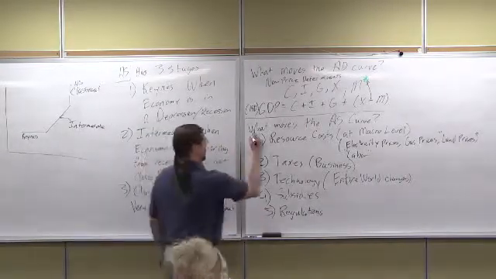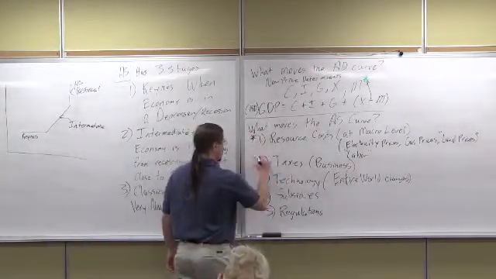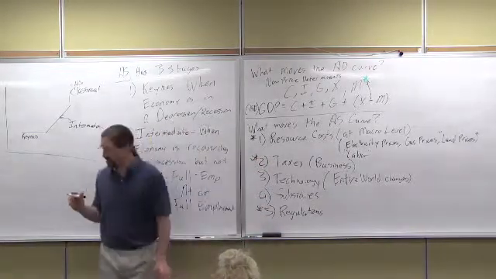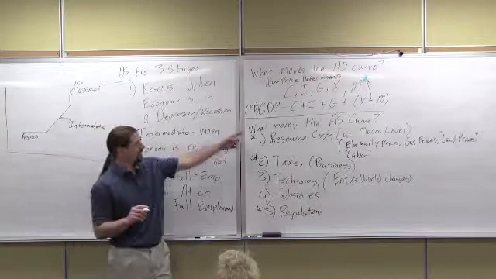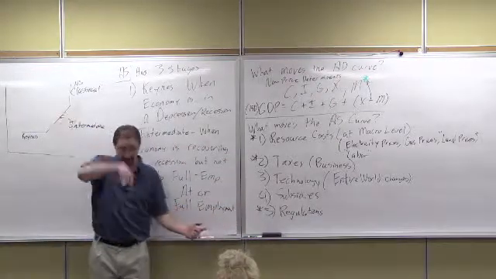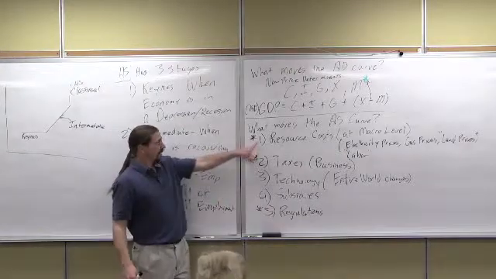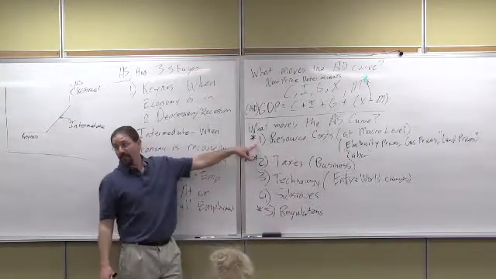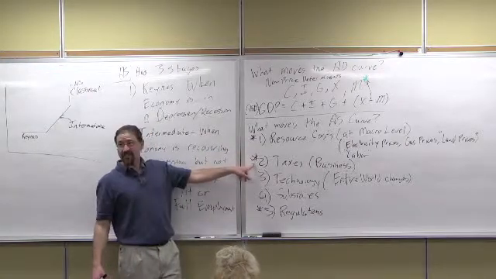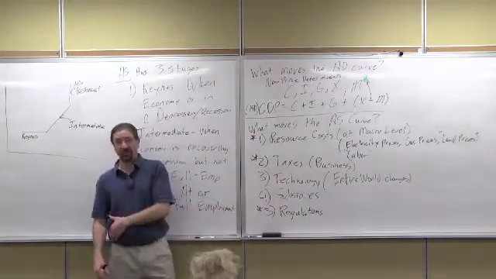please note all three of those are starred. If any of these go up, what happens to aggregate supply? Goes down, right? If resource costs go up, businesses produce less. If businesses are taxed more, they will produce less.